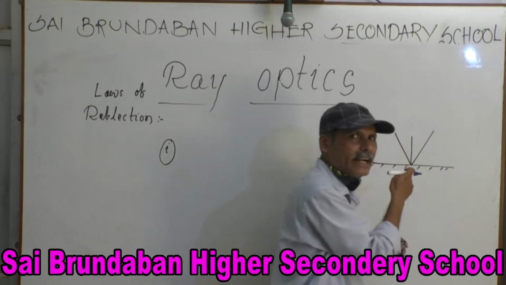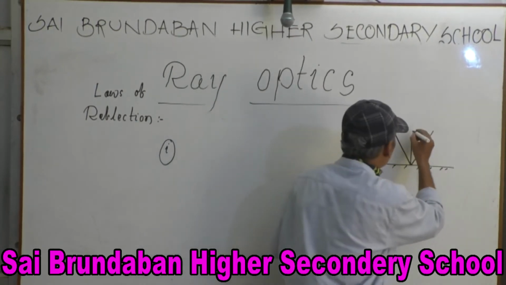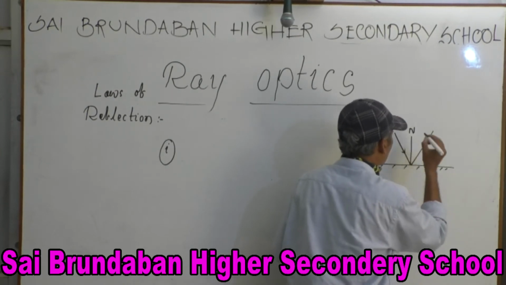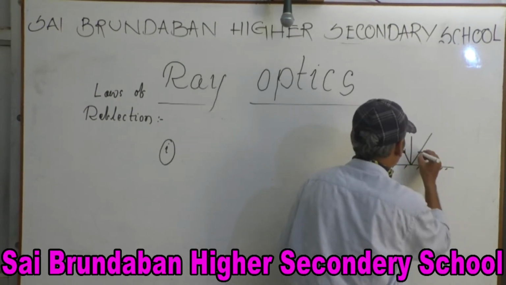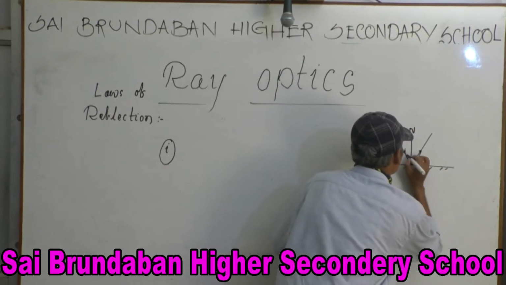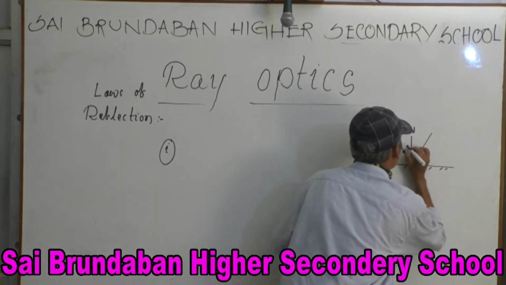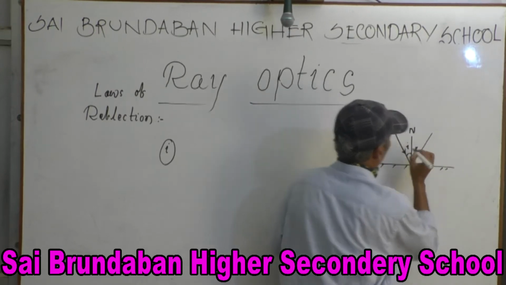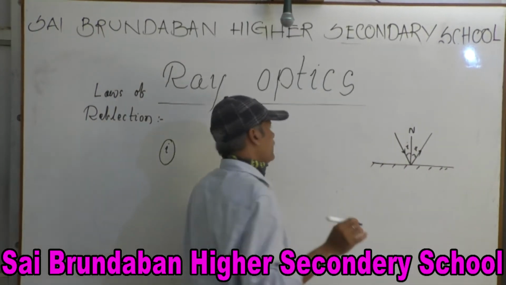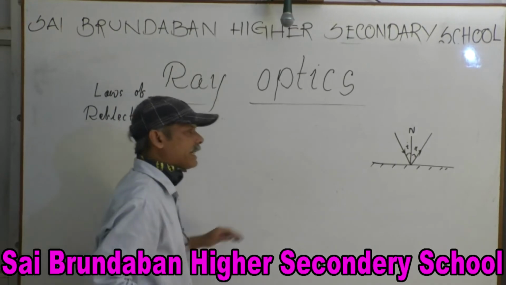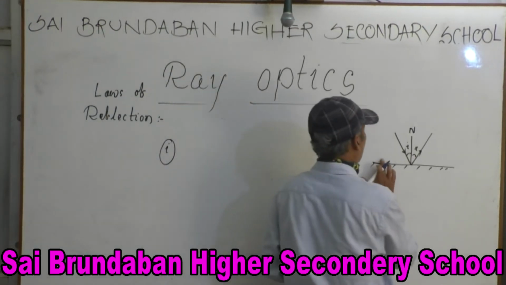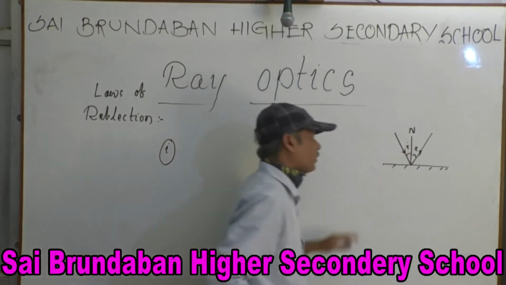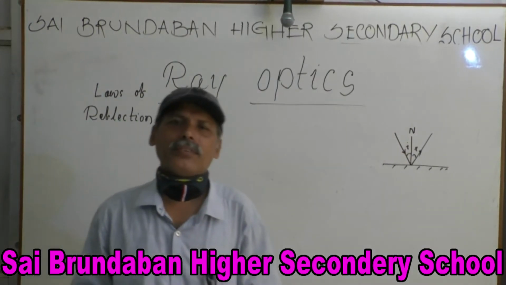This is not the ray, this is the normal. This is the angle of incidence. This is the angle of reflection. So always remember, in case of reflection, the angle of incidence is always equal to the angle of reflection.